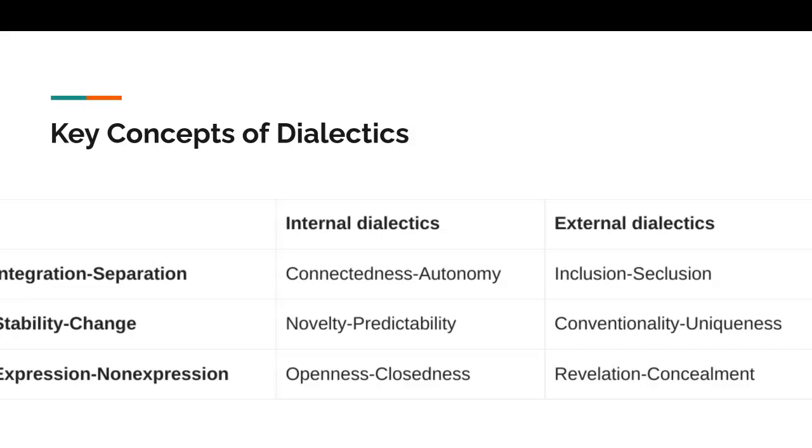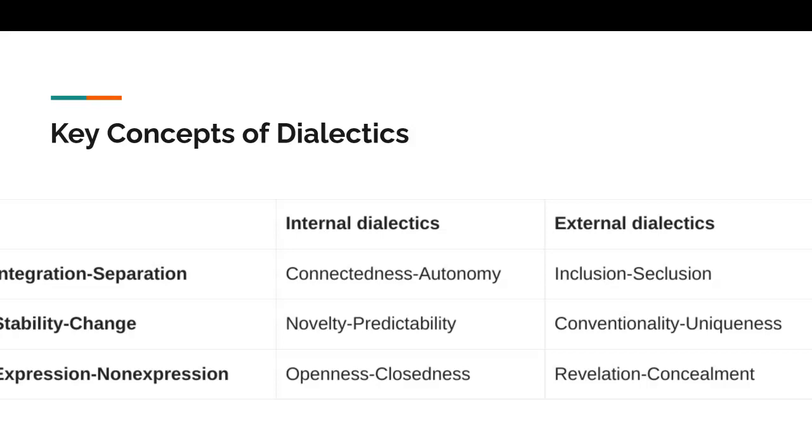So let's look at this with the example being a relationship of a husband and wife. In the internal dialectic of that relationship, there may be a conflict of wanting to be connected and be seen as one, a part of the couple and be known as the couple.